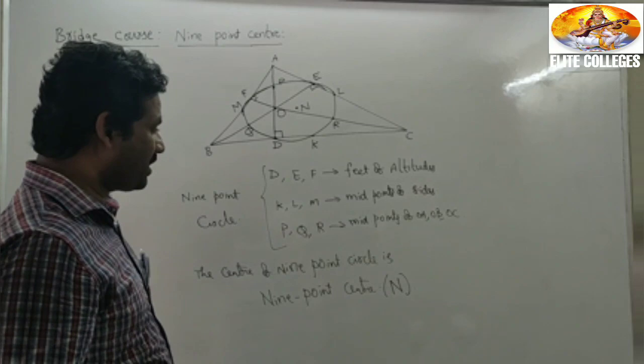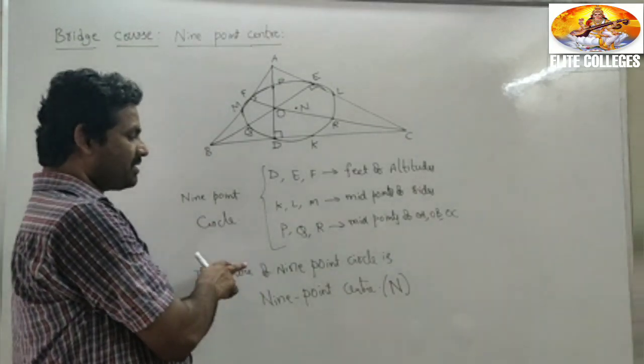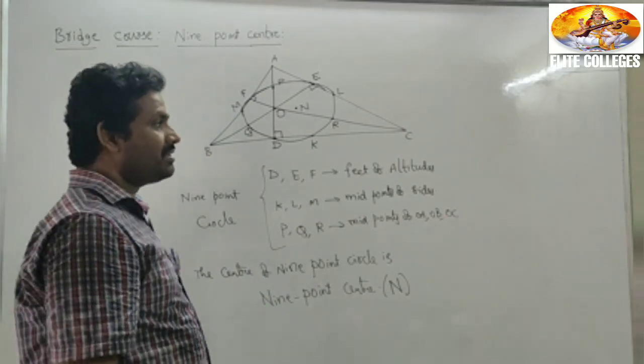Okay? So the circle passing through these 9 points is called the 9-point circle, and the center of the circle is the 9-point center.